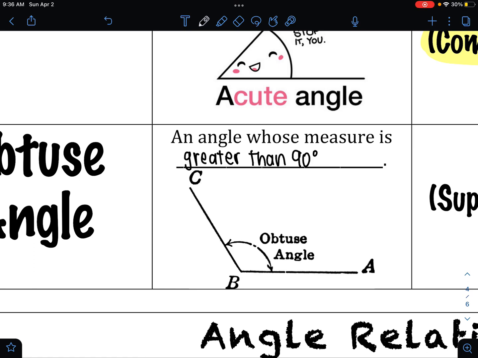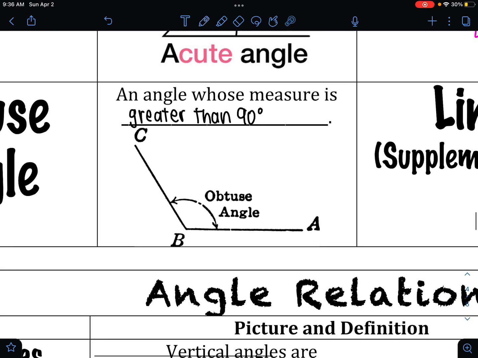And while we're here at this visual of an obtuse angle, I'm just going to show you really quick a couple ways that we would name this angle. So the first way would be going from this end to this end, going from right to left. So A, B, C, using all those vertices.